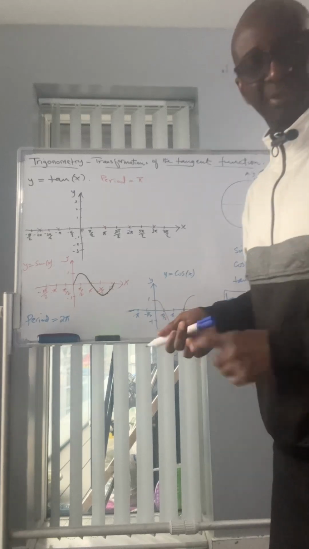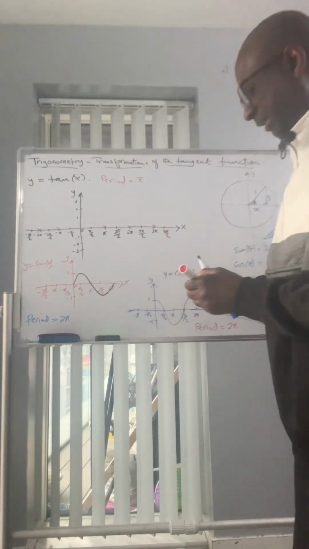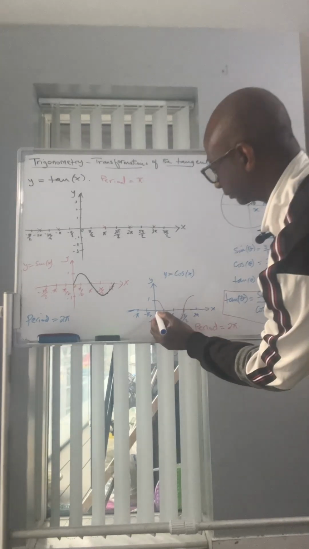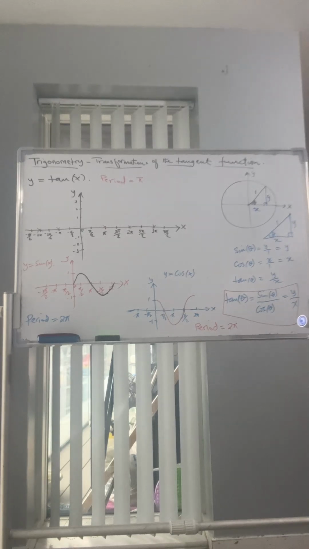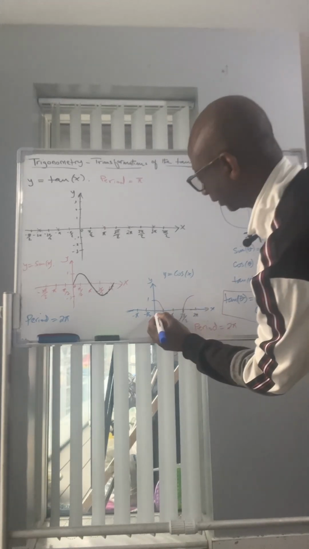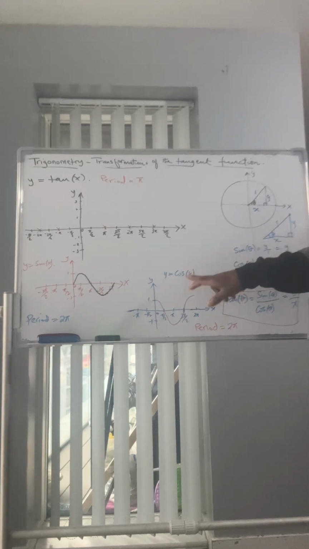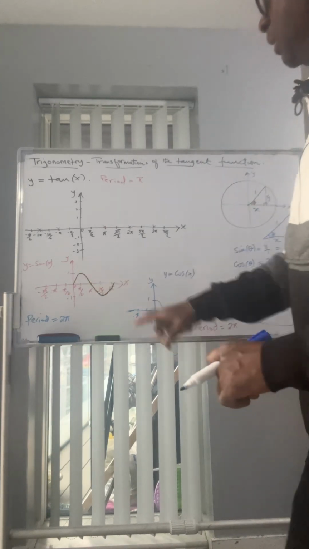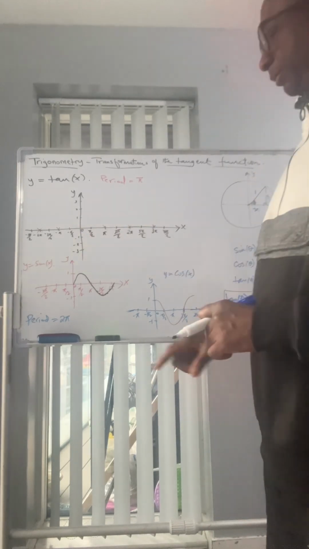There's a 0 here on the x-y axis. The cosine starts from 1. We already mentioned that before. The sine starts from 0. The tangent also starts from 0.